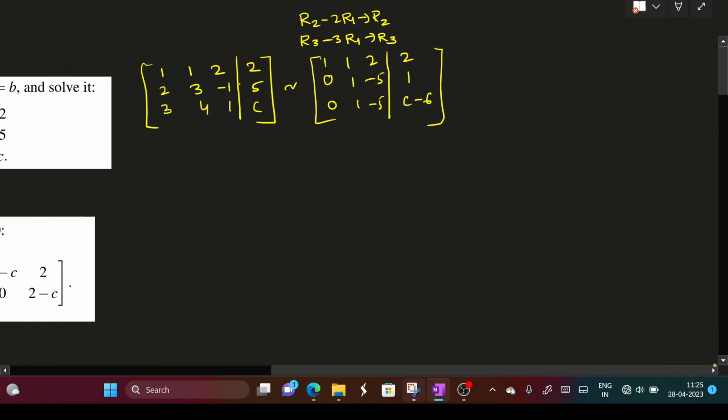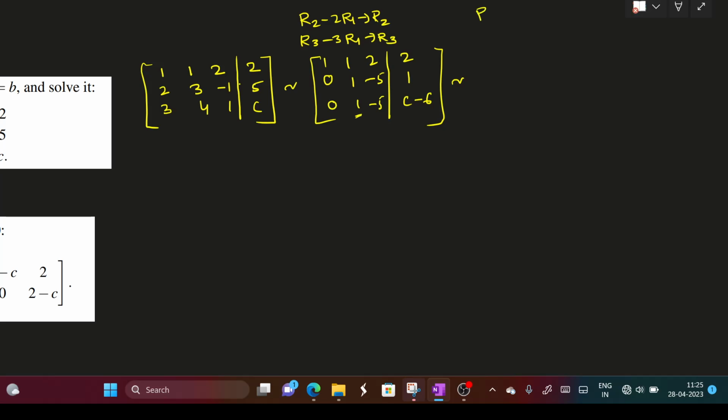Next step is similar to before. Below this pivot, this element I have to make 0. So R3 minus R2 stored in R3. What I am getting? 1, 1, 2, 2; 0, 1, minus 5, 1; 0, 0, 0, c minus 7.